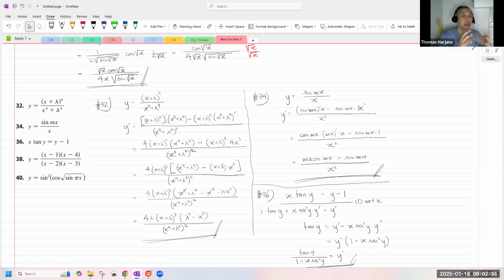Now, the nice thing about application is usually the function given to us, and at least that's the one I plan, is of the easier type of function that is easy to do the derivative, because we want to focus on how to use that derivative. Okay, so in some sense, your teacher, me in this case, will try to make sure that the function is easy enough to do the derivative, so that when it comes to the follow-up question, you tend to use the correct derivative.